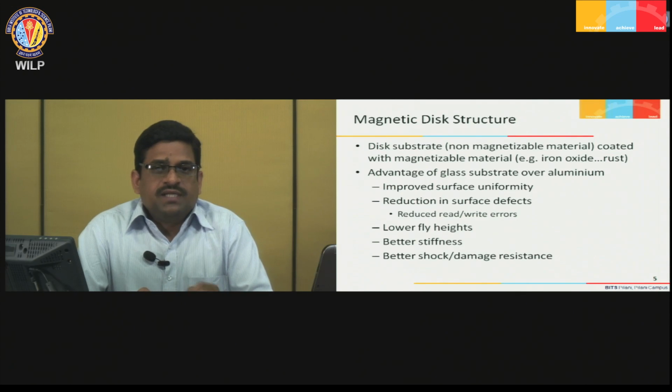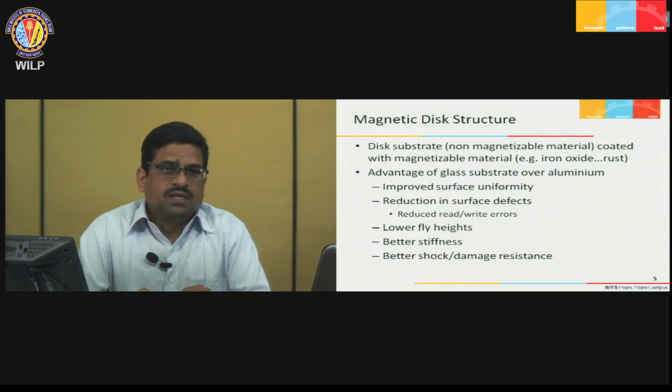Now for the floppy disk, it was still okay, because the speed at which the floppy disk rotates is very low compared to the speed at which the platters used in a hard disk rotate. As I said, it is 15,000 revolutions per minute, that is a normal speed.